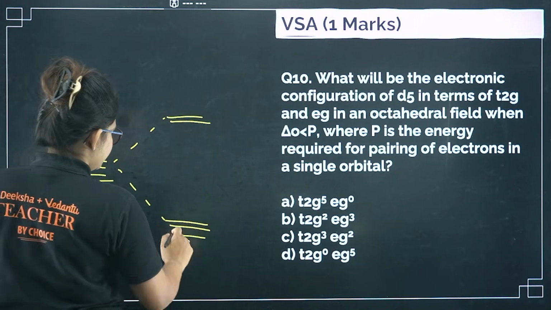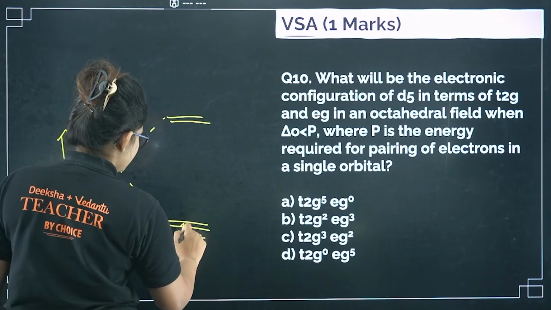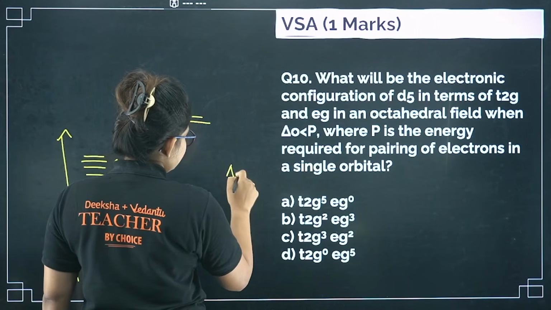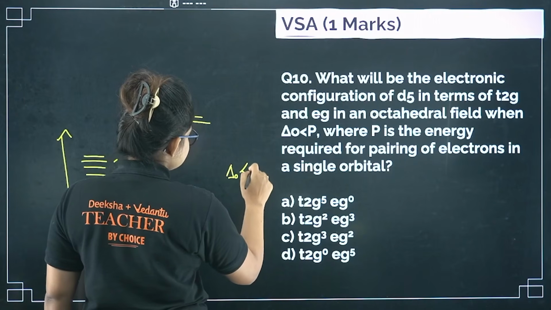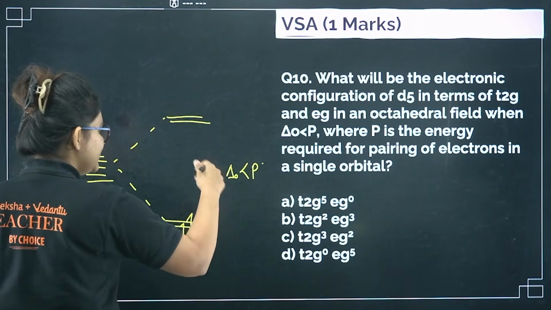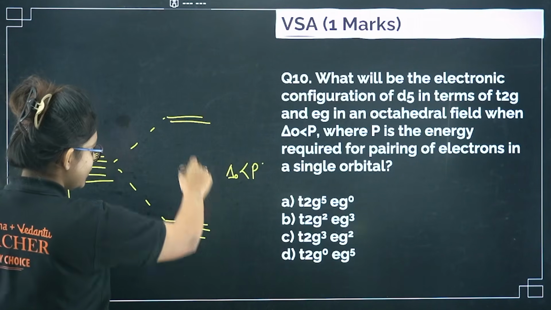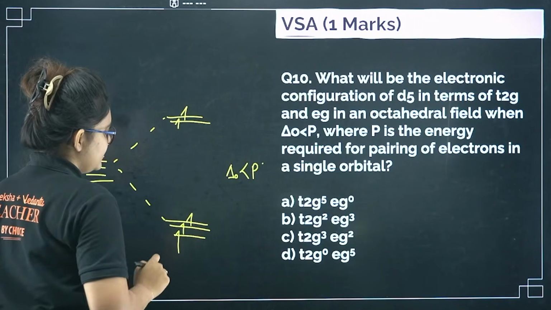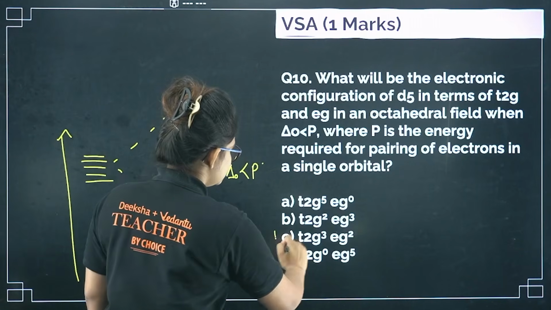So, 5 electrons, right, 1, 2, 3. Now, 4th electron where it will go. So, they are saying delta O is less than pairing energy, means pairing will take place later rather than it will go to the eg part. So, 4, 5, right. So, t2g3, eg2.